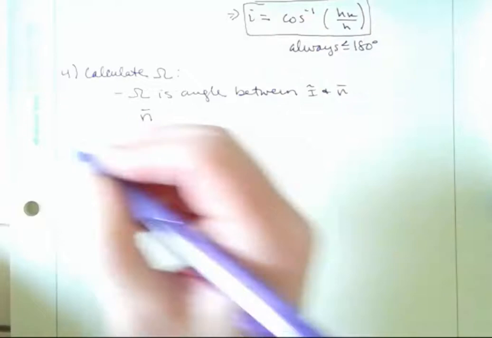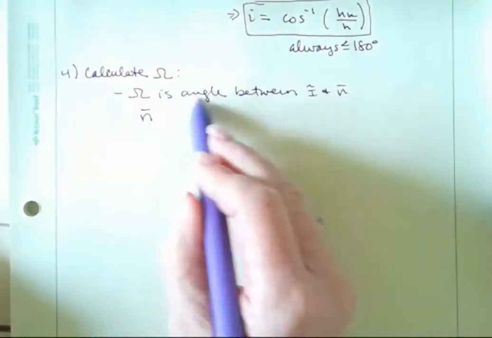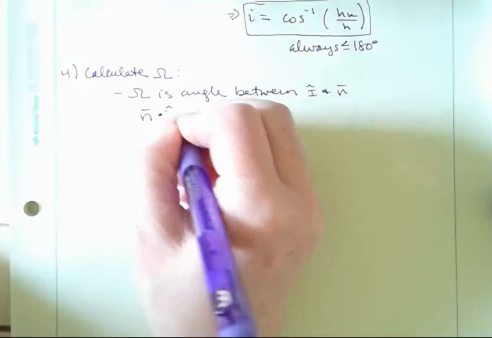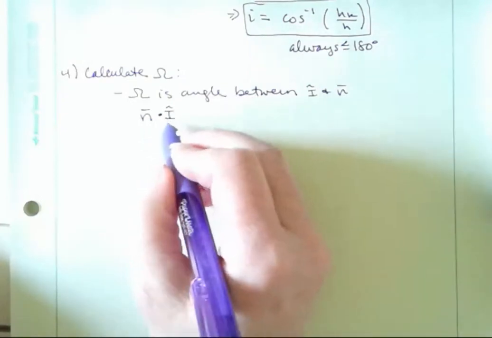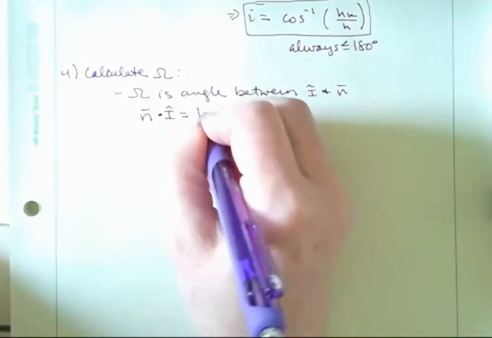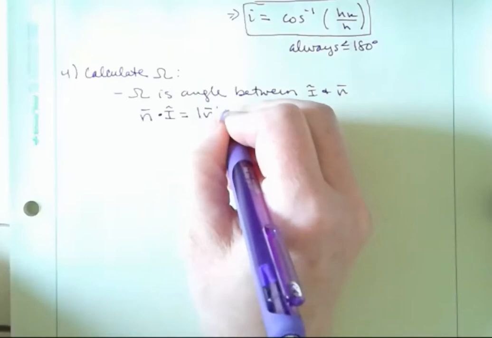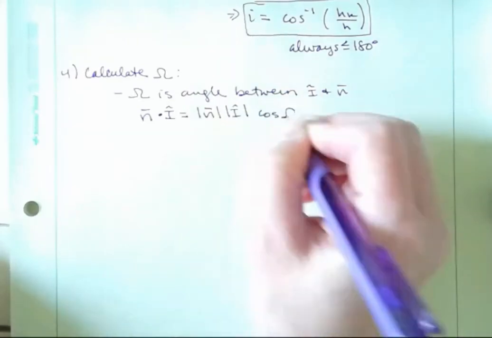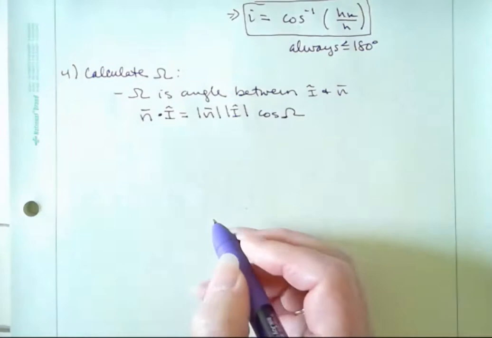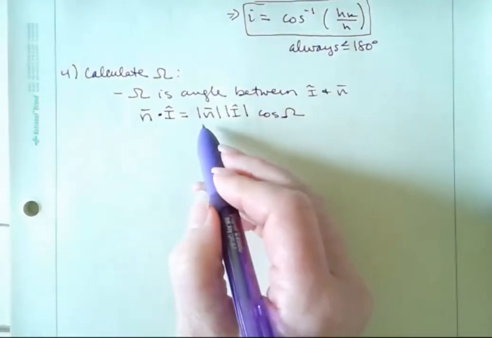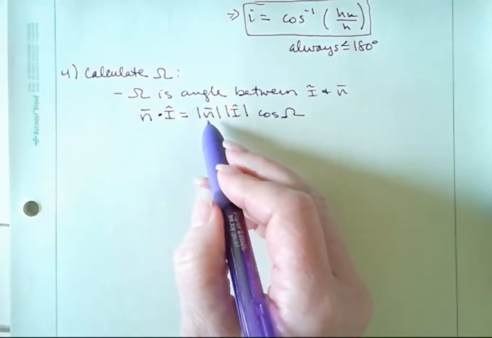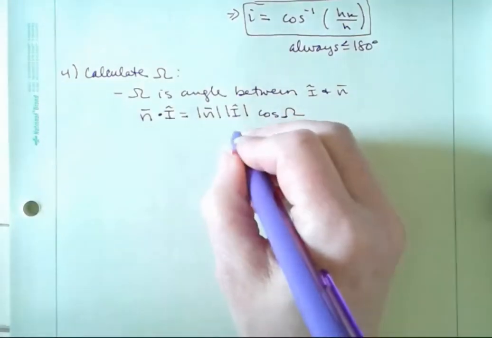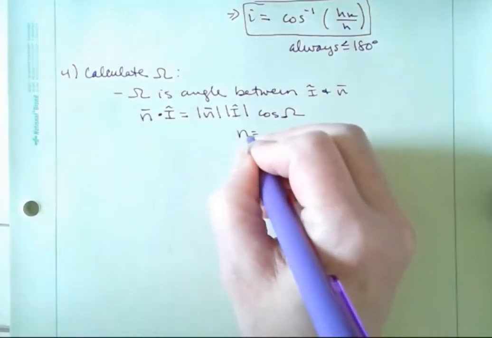So let's do dot product again, because we have an angle between two lines. We got n dotted with I, and that's going to equal the magnitude of n times the magnitude of I times cosine omega. Let's do our notation.